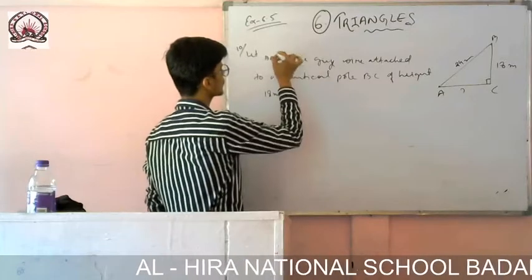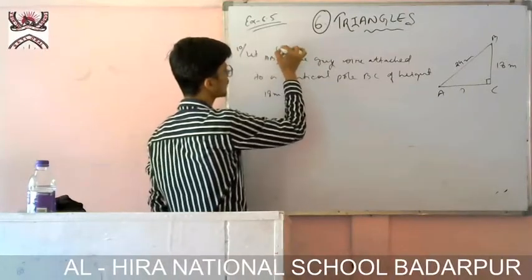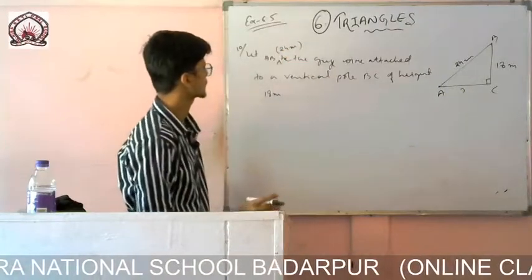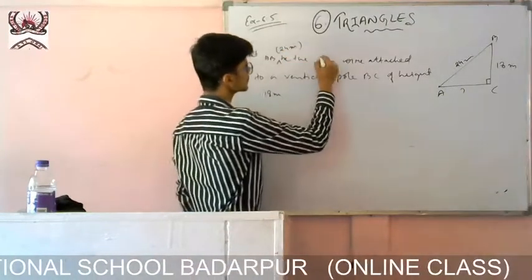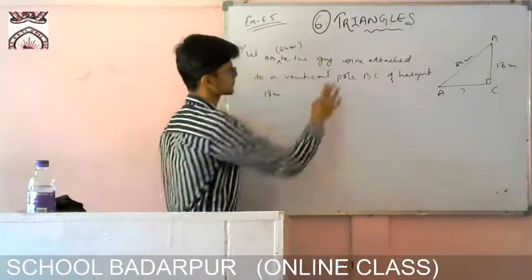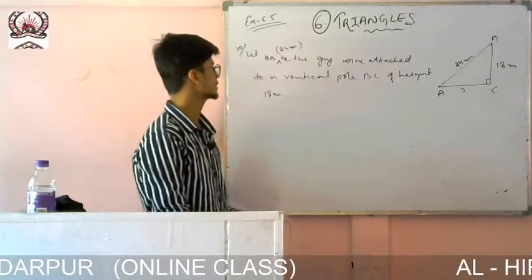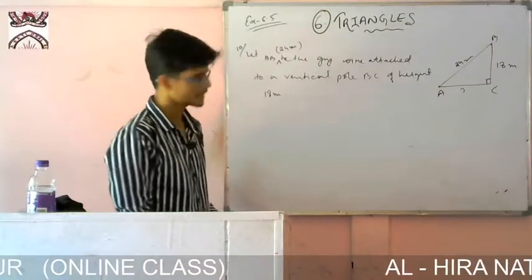So there, after AB, you give a comma and write 24 meters. Then everything will be expressed. So AB, 24 meter, with a guy wire attached to a vertical pole BC of height 18 meters.